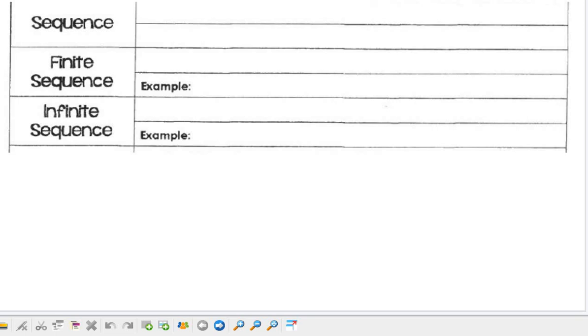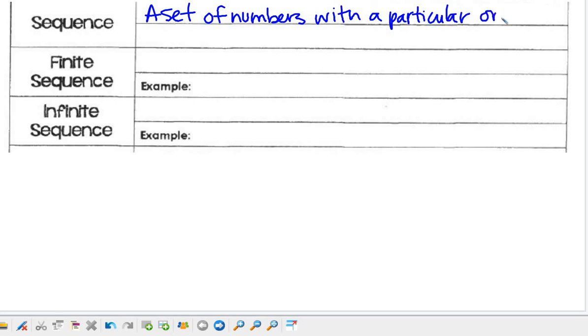So the first thing is identifying what a sequence is, and a sequence is a set of numbers with a particular order or pattern.